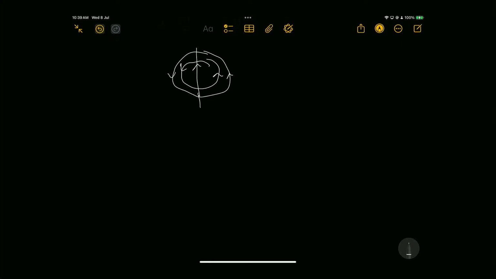We know there are symbols we use for current flowing into the page or out of the page, right? What is the symbol for current going into the page, or the magnetic field going into the page? An X. And the symbol for coming out would be the dot, right?